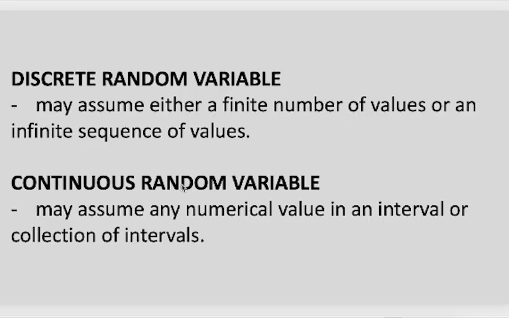For example, for that particular milk tea business, we can categorize the number of cups being sold as discrete, because cups can only be quantified as 1, 2, 3, 4, and so on. So that's considered to be a discrete random variable.